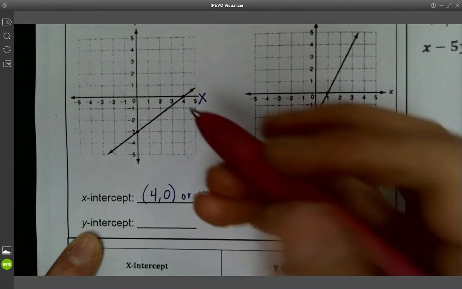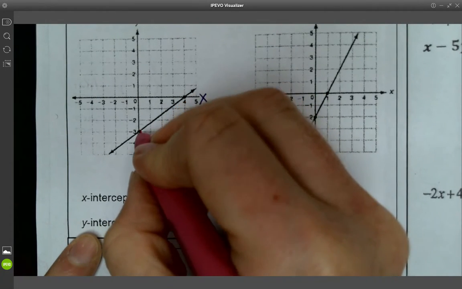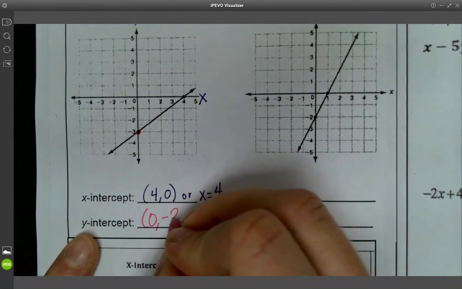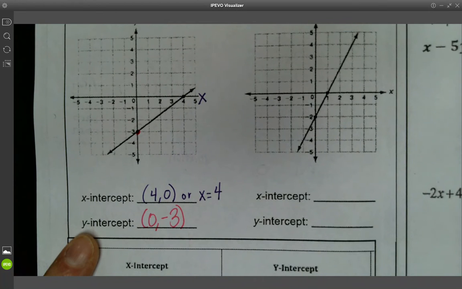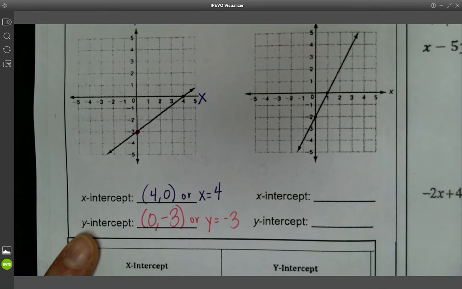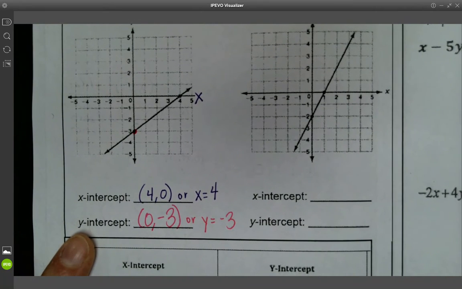Then your y-intercept is at -3. The coordinate would be 0, -3. Or you can say y equals -3. So there are two ways of writing the solutions.